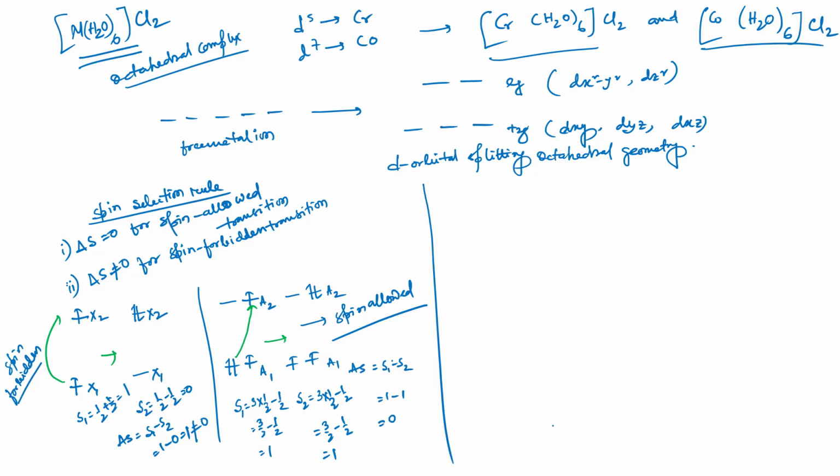Now we have to think about our question, the d5 and d7 octahedral systems. For the high spin d5 system, this is the configuration.